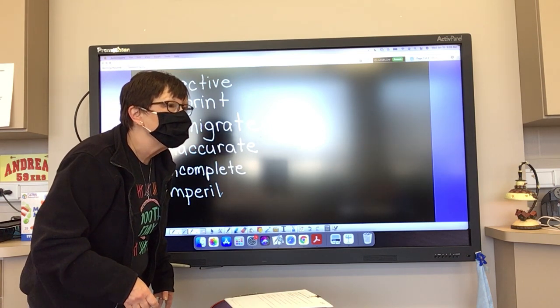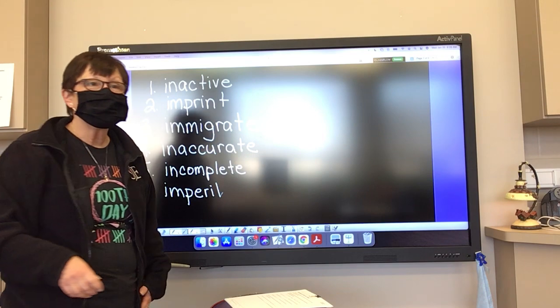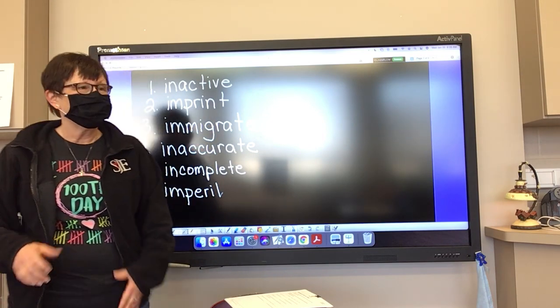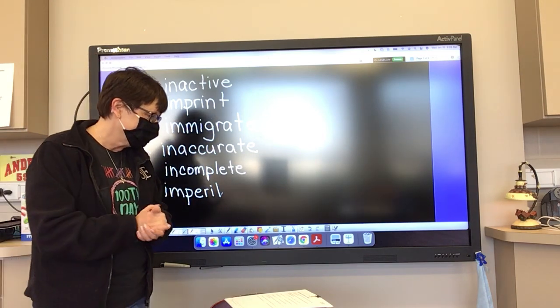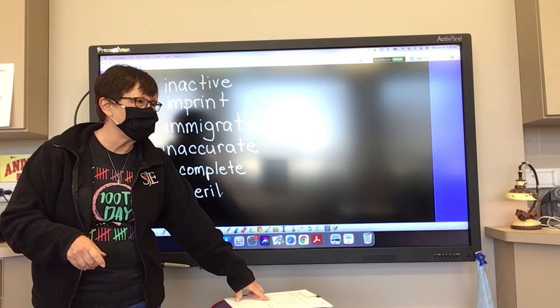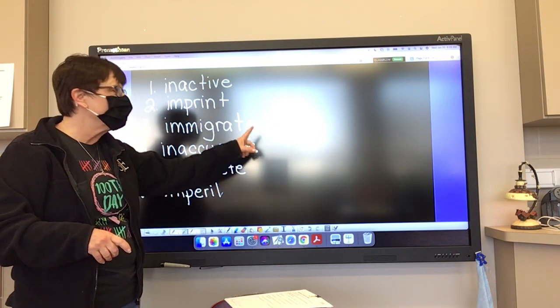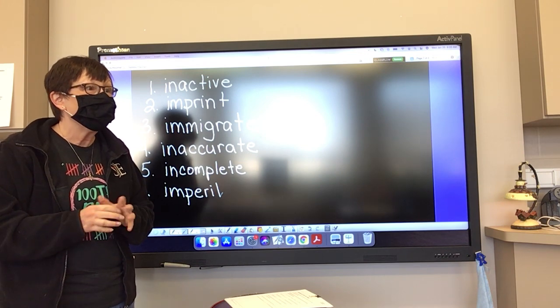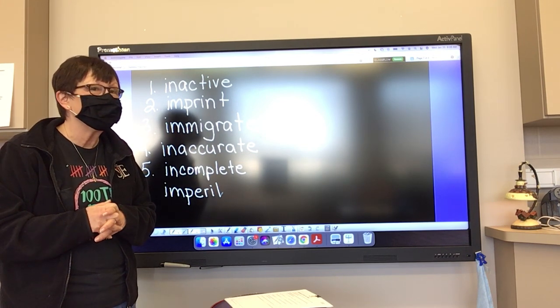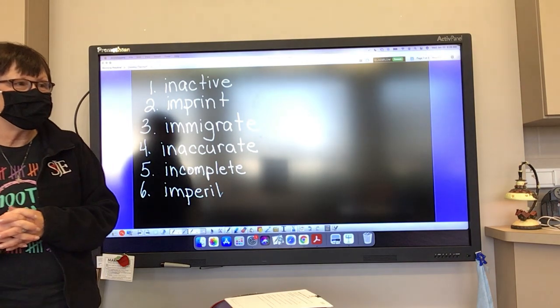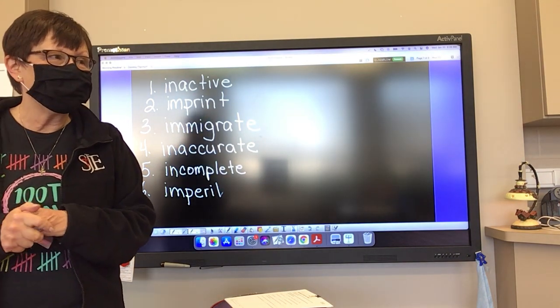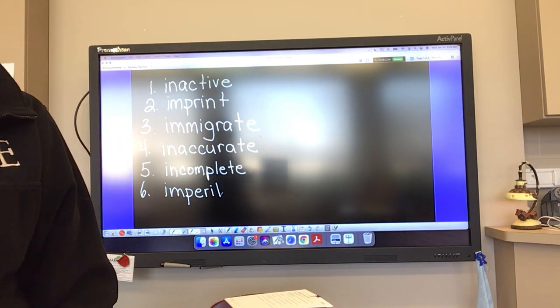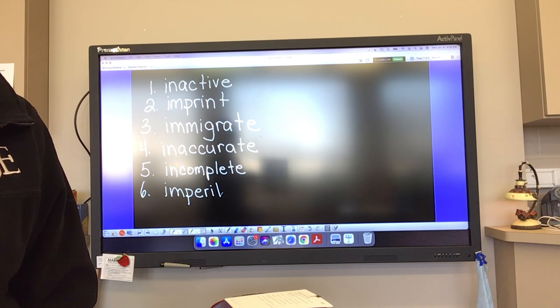Imperil means danger. Remember I said that when we were talking about it before. It was one of the words on the chart that we had. Peril is danger. You don't want to be imperiled.